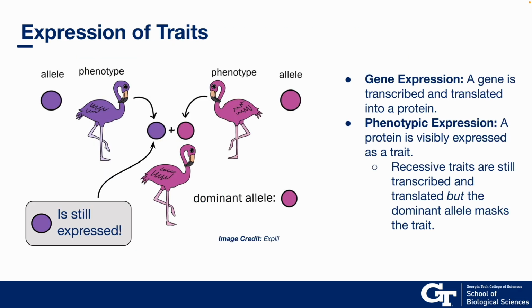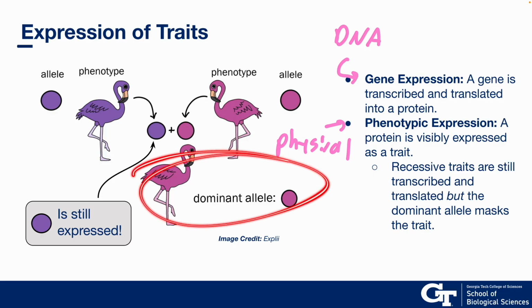Before we can talk about the different patterns, I want you to recall that gene expression and phenotypic expression are different things. So phenotypic expression, I will say, is like being physically expressed, where gene expression is happening on the DNA level. For example, we have this dominant pink allele.